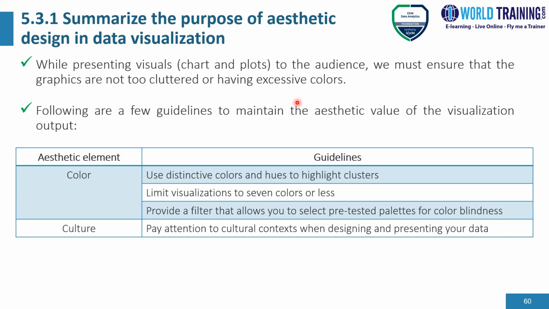So if you talk about the overall colors, we can limit our visualizations to less than 7 colors, right? If you have more than 7 to 8 colors, it becomes relatively tough for the audience and the stakeholders to identify and distinguish between those graphs.